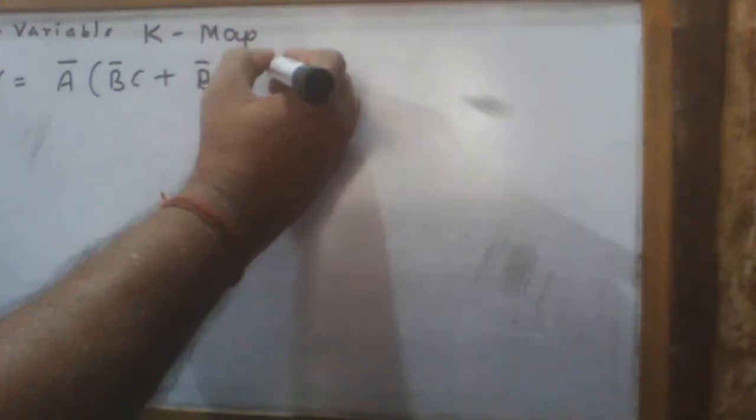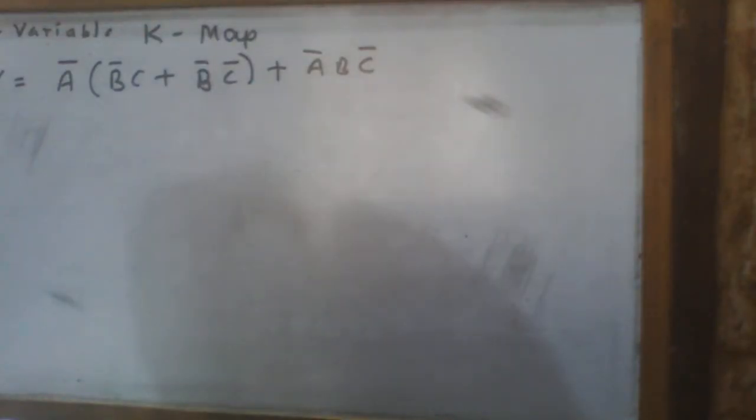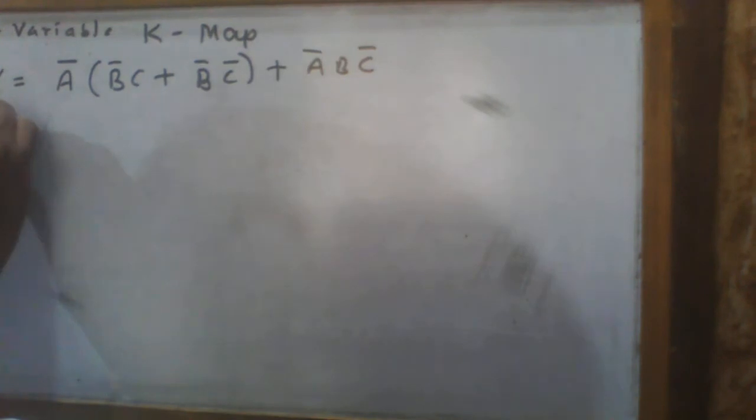The equation is Y is equal to A bar B bar C plus A bar B bar C bar plus A bar B C bar. This is the given equation. Now I can first solve the equation in this way.